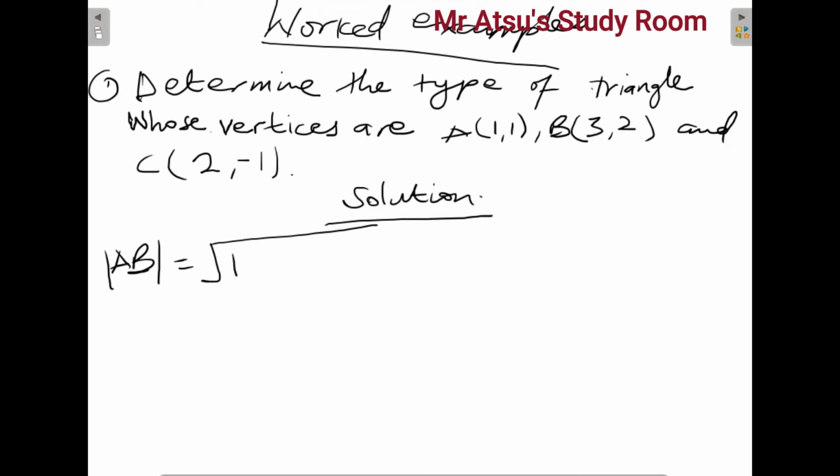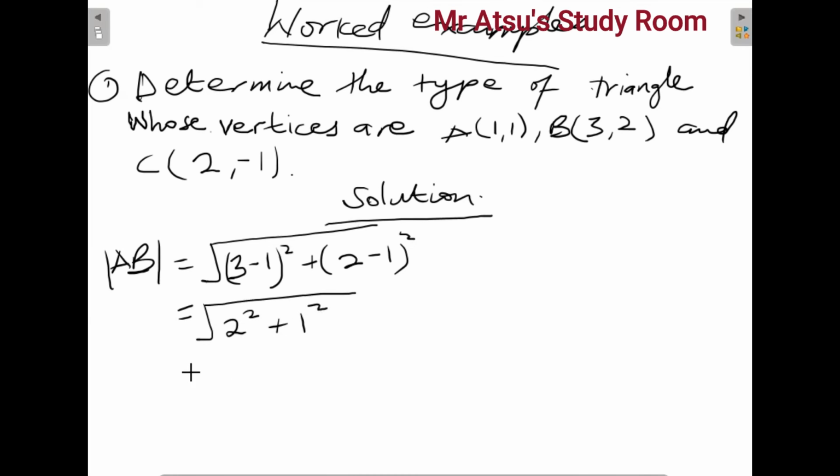Our x2 is 3 minus x1 which is 1, all squared, plus y2 which is 2 minus y1 which is 1, all squared. 3 minus 1 is 2, squared, plus 2 minus 1 is 1, squared. 2 squared is 4 plus 1 squared is 1, so that will give us square root of 5 units as the length of our side AB.